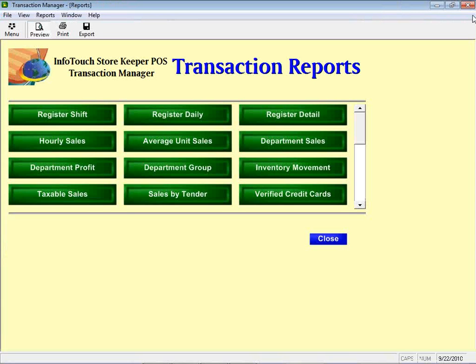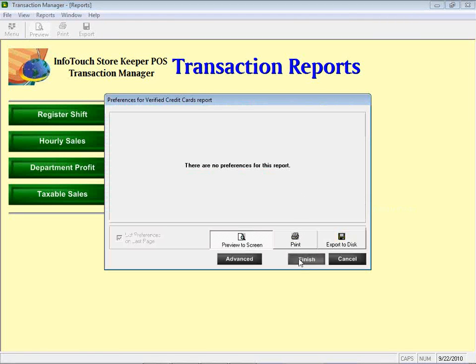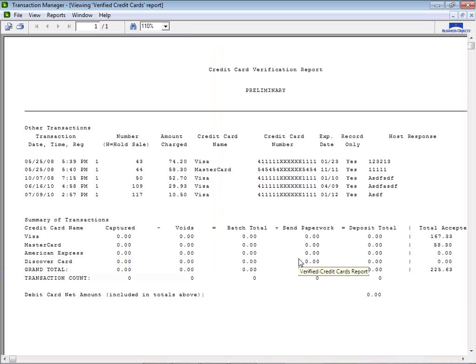If you do any kind of verified tenders, and that includes credit cards and debit cards and gift cards, they will show up here on the verified credit cards report. On a demo system, it is a little bit tough to get a lot of real data in there, but in a real system, this is an important report that'll show you date, time, the transaction number, the amount charged, the credit card type, the credit card number, but you'll notice there's about 6 or so X's in the middle.